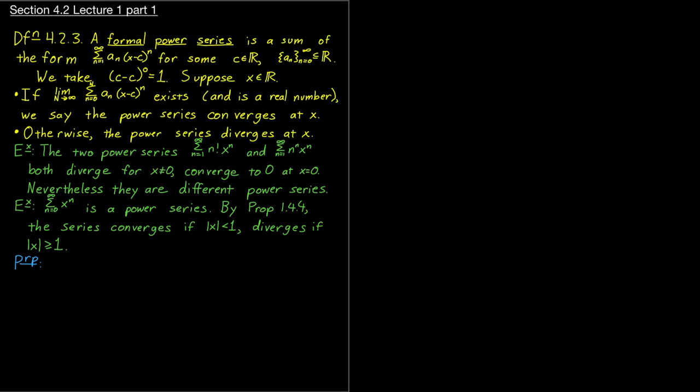Your book does this a little bit differently. Your book does this using explicitly the root test. I don't want to do it that way, so I'm going to phrase this a little bit differently than your book's proposition 4.2.4.